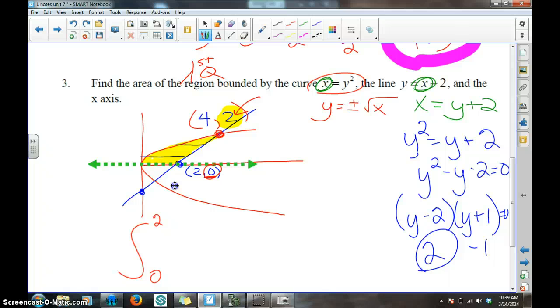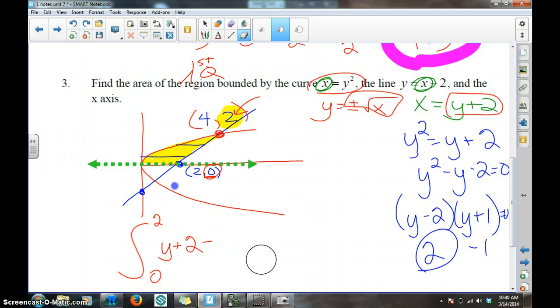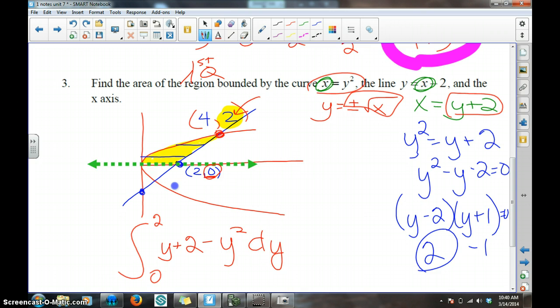And sometimes this is super counterintuitive because you all think of a line as being smaller than a parabola. Well, degree-wise it is, but in terms of value-wise it's not. So the line is going to come first. I called this y plus 2. The parabola is going to come second. In this case, I'm going to stick to the positive square root because it's the one that's above. So I'm going to subtract from that the square root of, not x, I want a y squared. I had it the first time. And then that's going to be dy.